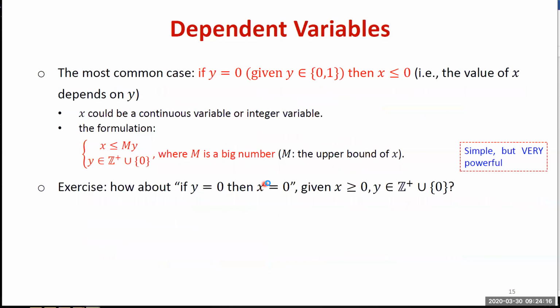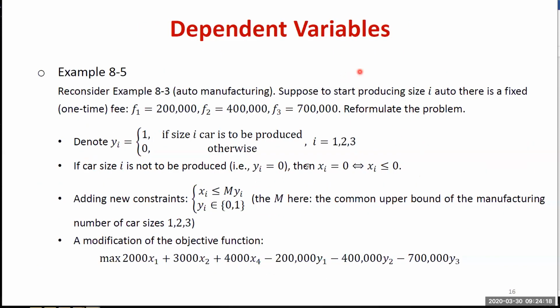Now we have one-time fee, initialization fee. And if I'm going to start to produce compact vehicle, I need to cost 200,000 in the beginning. So you need to subtract 200,000 times y1 and do the same for y2 and y3. And this new function indicates the new profit function, okay? And we're going to use this one to be the objective function.